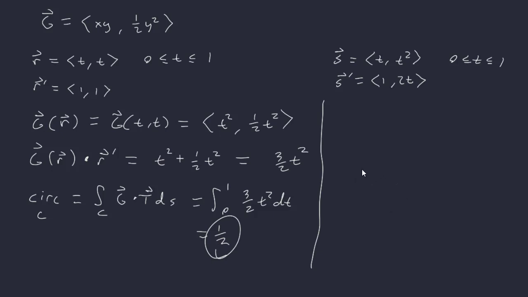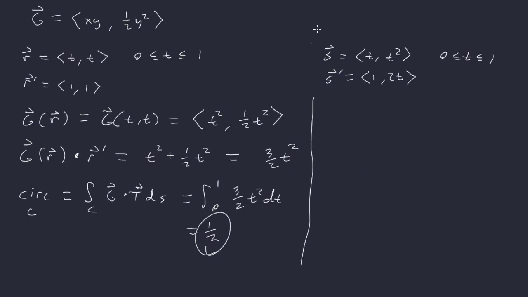Okay. Now let's see what happens when we do this over s. Okay, so g of s, that will be g of t comma t squared. So once again, our x is getting replaced with t and our y with t squared.